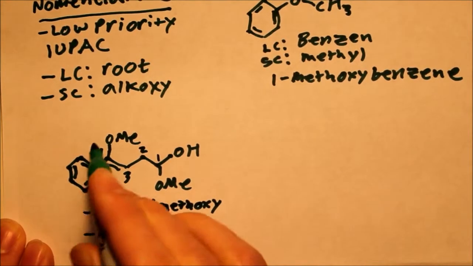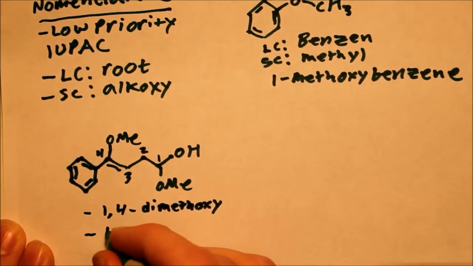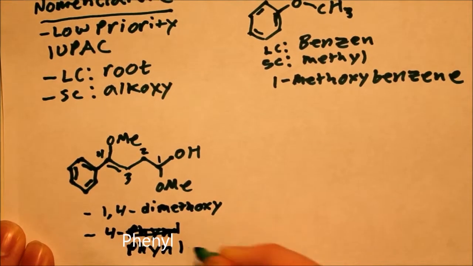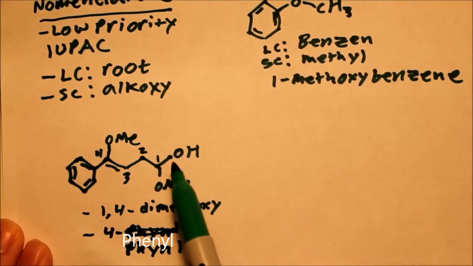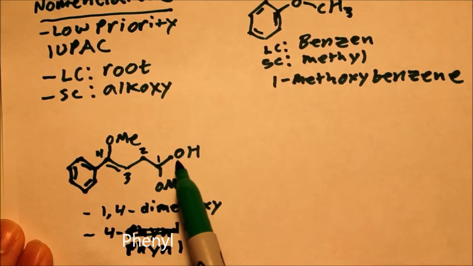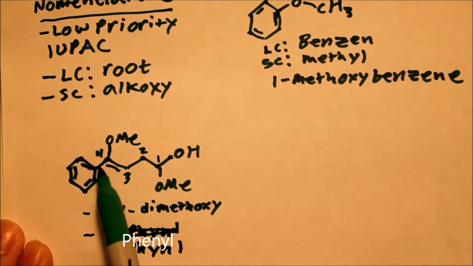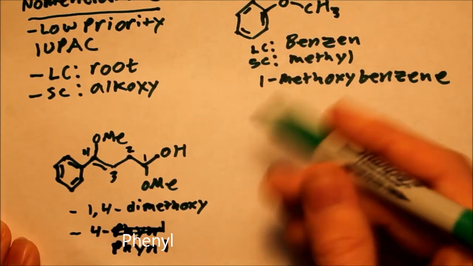Second thing we know is at the 4 position we have this benzene ring, which, since it's a substituent, is a phenyl. And then we know we have an OH group here, and our carbon chain is 4, and we've got an ene.